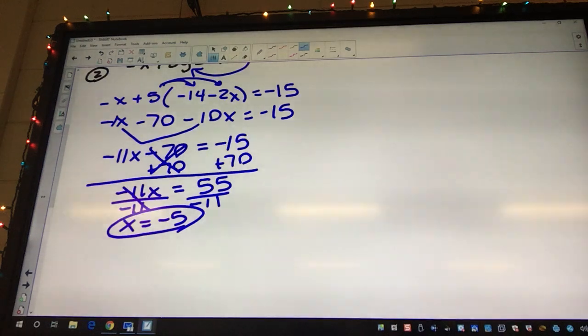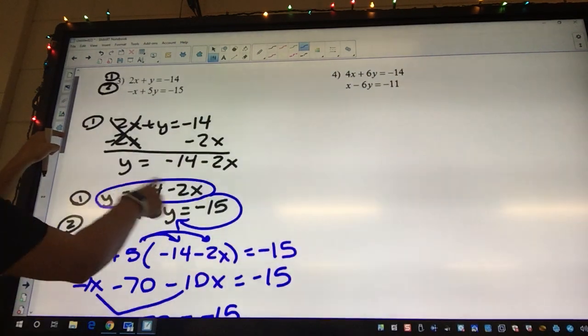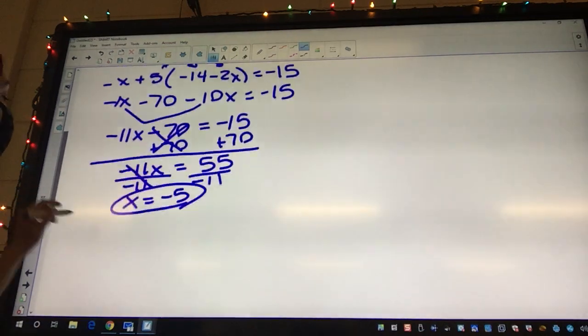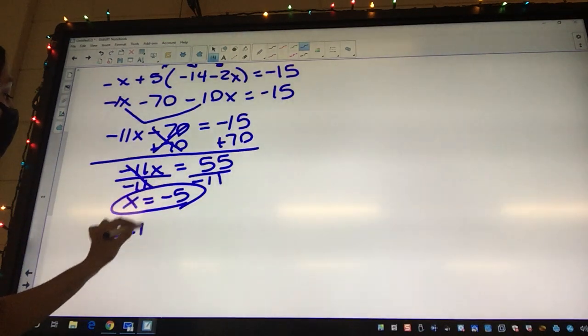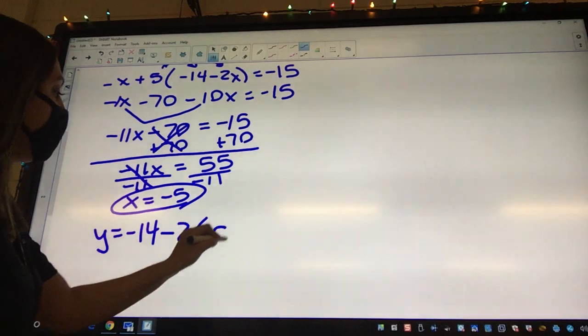Where do we plug that into? The y equals negative 14 minus 2x. Yeah, so we're plugging it into the equation we have circled up here. So y equals negative 14 minus 2, and instead of x, I'm writing negative 5.